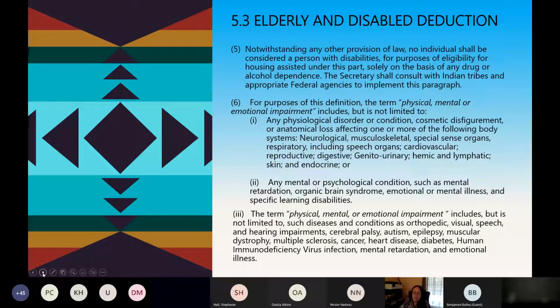Any mental or psychological conditions such as mental retardation, organic brain syndrome, emotional or mental illness, specific learning disabilities.